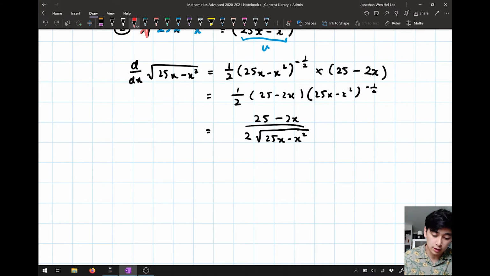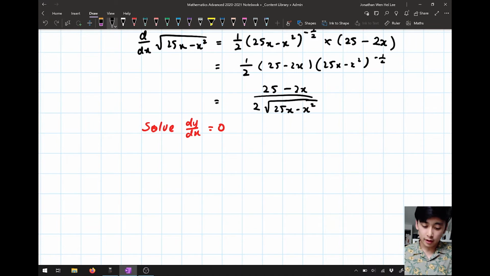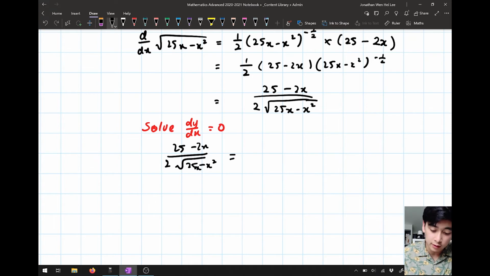So to find horizontal, I solve dy on dx is equal to 0. So I'm going to solve where the derivative is equal to 0 to figure out where it's horizontal. When I'm solving that, I get 25 minus 2x over 2 square root 25x minus x squared is equal to 0.